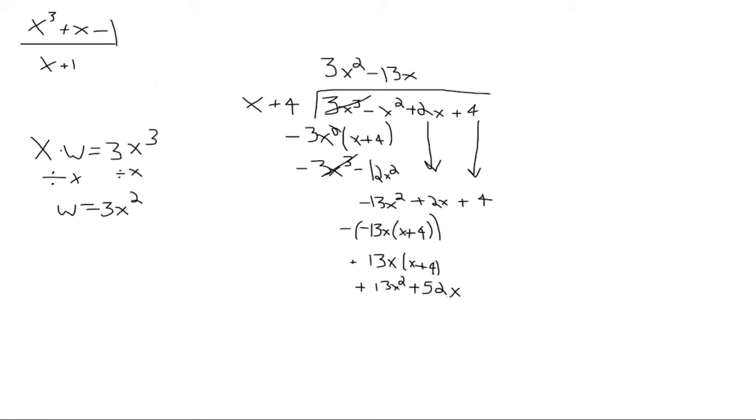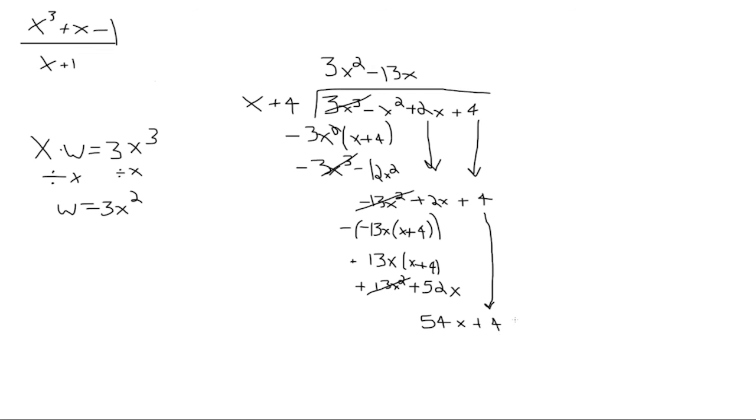Okay, so now these 13x squareds cancel out, right? So now we say 2x plus 52x. What is that? It's 54x. And then take this 4, pull it down, right?